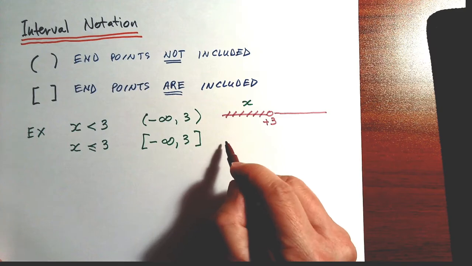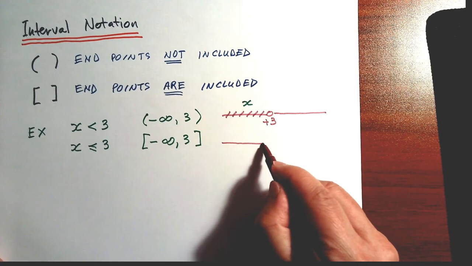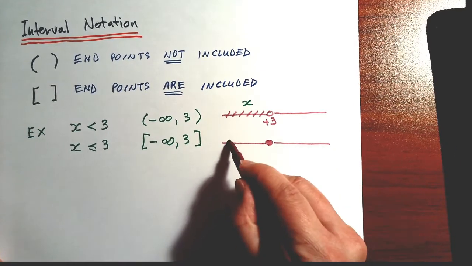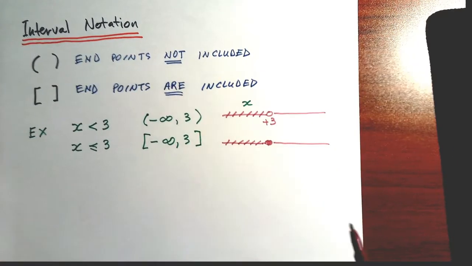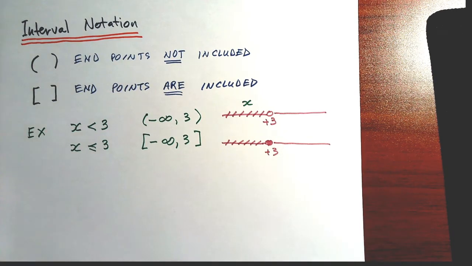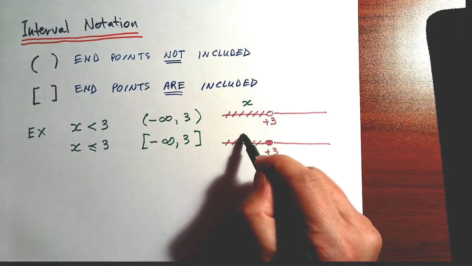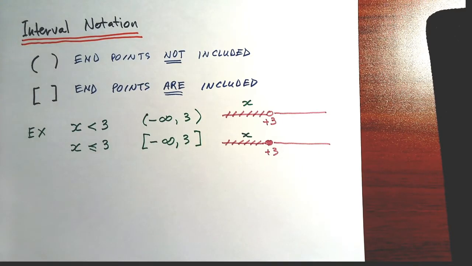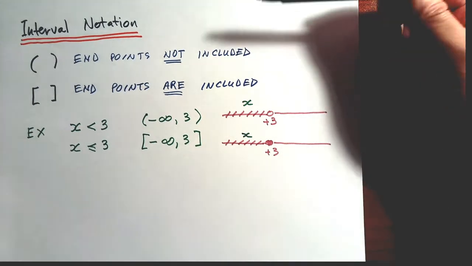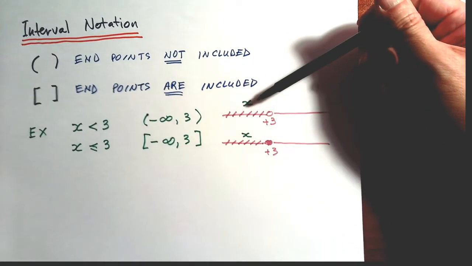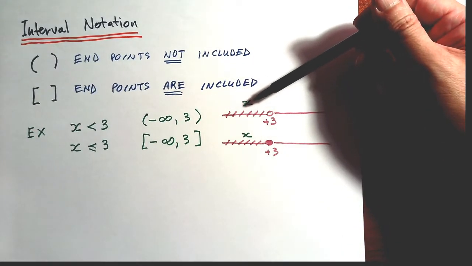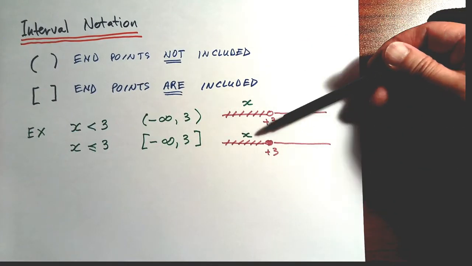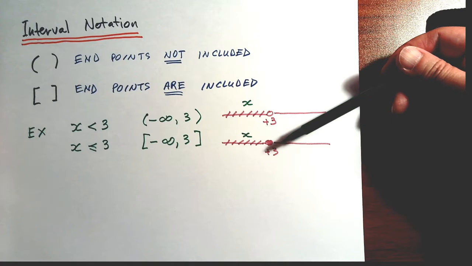We can label the same number line, but fill in the dot to say that x is included in 3. So remember, round brackets means the endpoints are not included, x is not included in 3. Square brackets means x is included in 3.